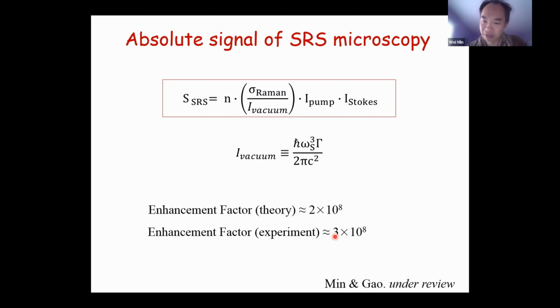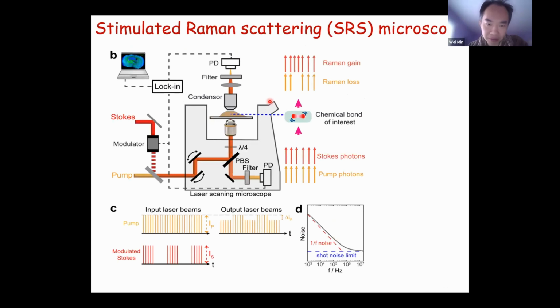So this is how the microscopy works. I think this is all very established. What we measure is Raman gain and Raman loss, because when stimulated Raman happens, there's energy flow between the laser field and the molecule. The pump photon will lose.